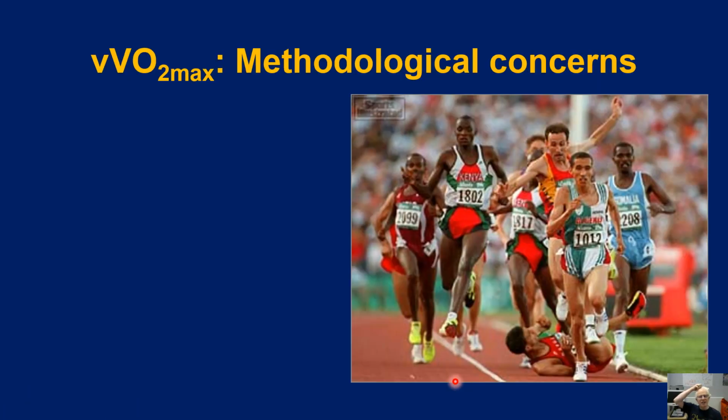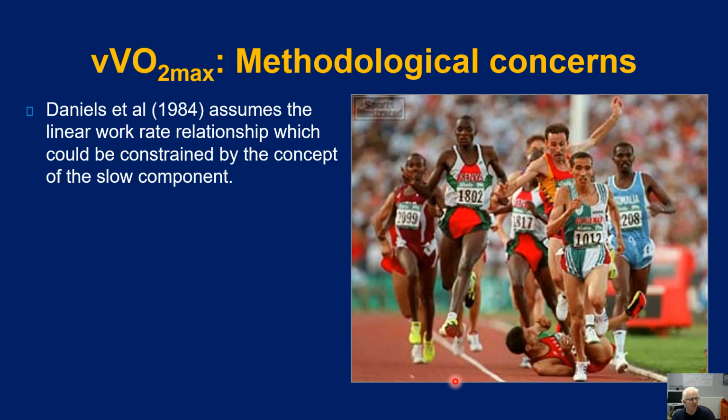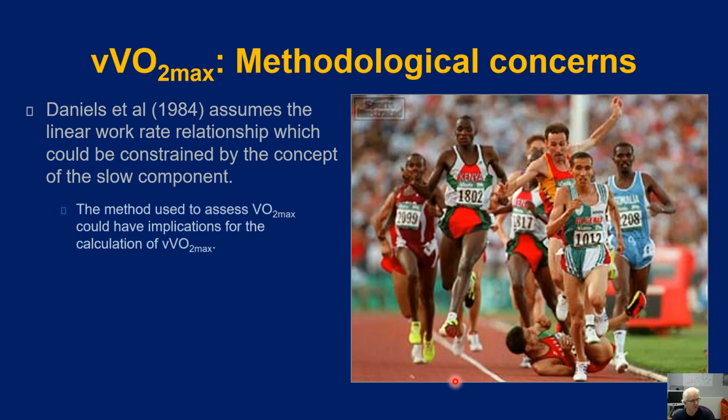So are there any considerations we need to take into account when assessing vVO2 max? Well, there are a few. First one is we assume the linear work rate relationship. But we've learnt today that that is constrained by the VO2 slow component. So you can only really work with the economy data that we've already talked about in the moderate and heavy exercise domains.